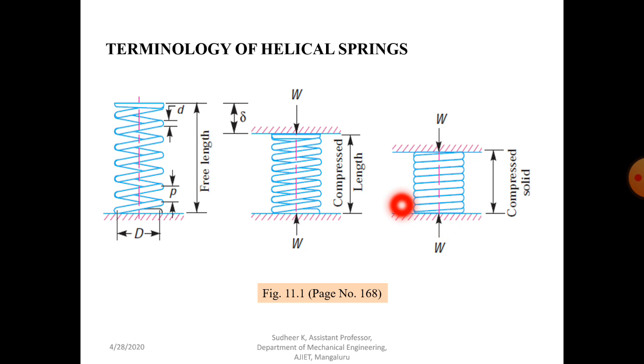So there should not be any gap between two successive coils. You can see here some of the gap, but there is no gap. Such type of length that you will get with this configuration is called compressed solid.